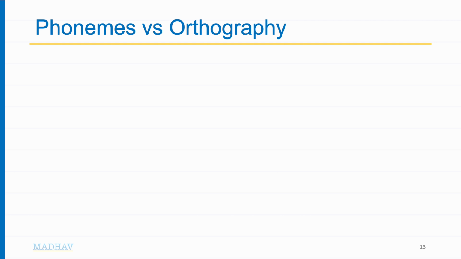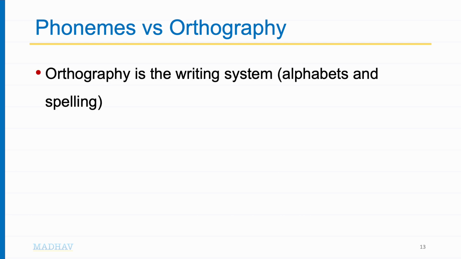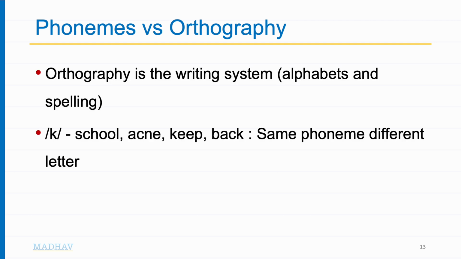Okay, phonemes versus orthography. Orthography is the writing system, alphabets and spellings, for example. As I told you also, the same phoneme can use different letters. Let's say in school, the phoneme is ka. How do you write it? Sometimes with ch.